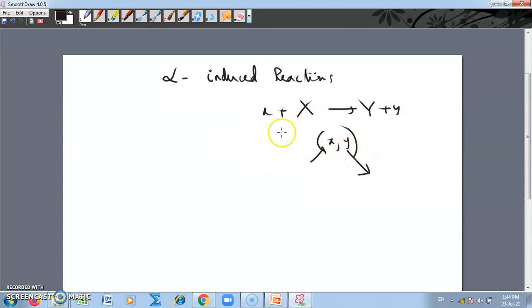In a more detailed manner, they write it like this: Z, A, X plus this gives you Y. Here they write A dash and Z dash. Obviously they will be different because they are different nuclei, different elements, plus Y.